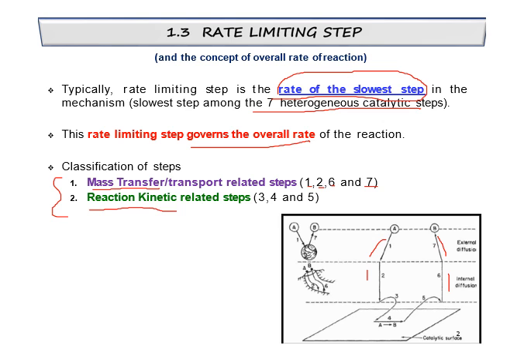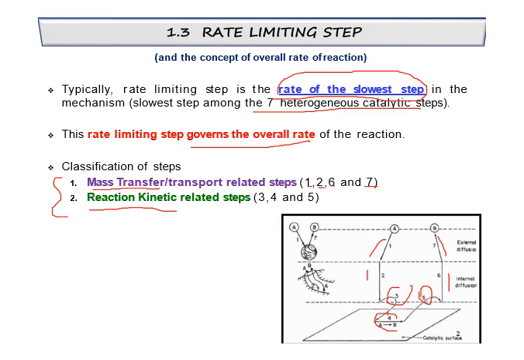The reaction kinetic steps refer to step number 3, 4, and 5. Step number 3 is the adsorption of reactant onto the catalyst surface.